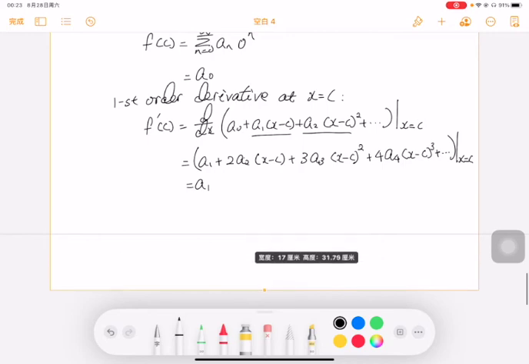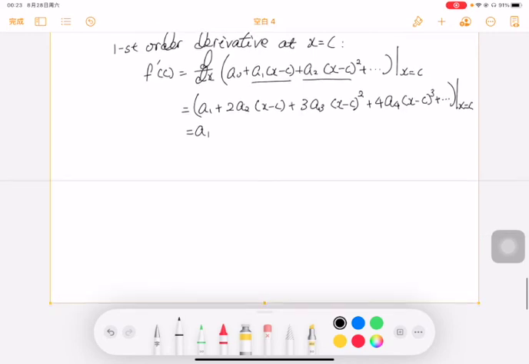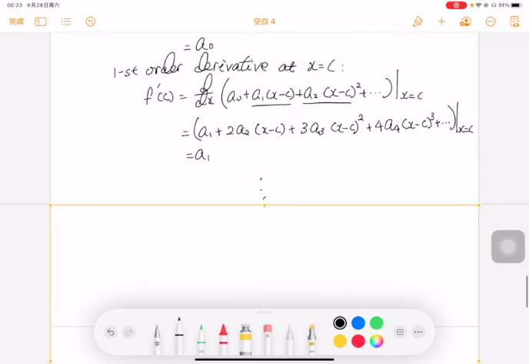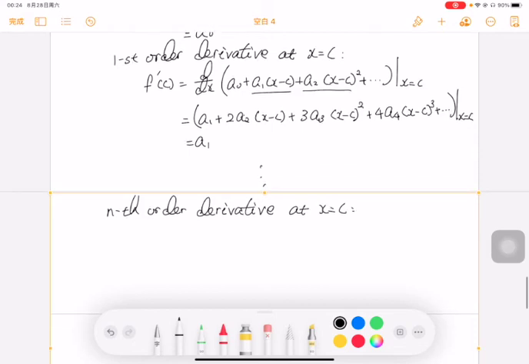And if you just continue this process, eventually you'll realize that if you take the nth order derivative, you'll find that the left-hand side is the nth order derivative of f evaluated at c.